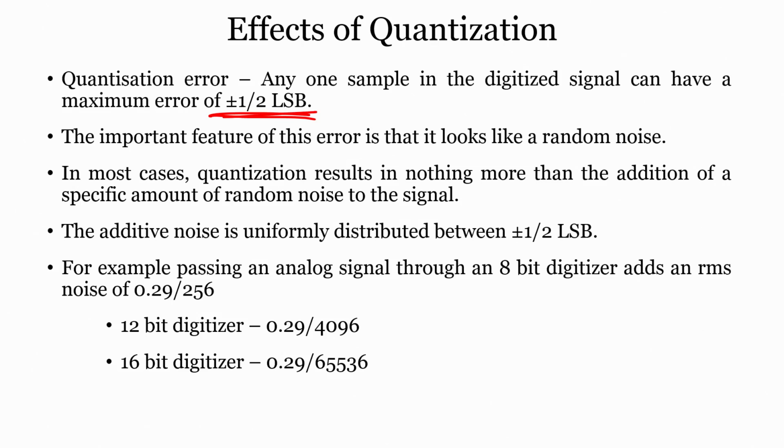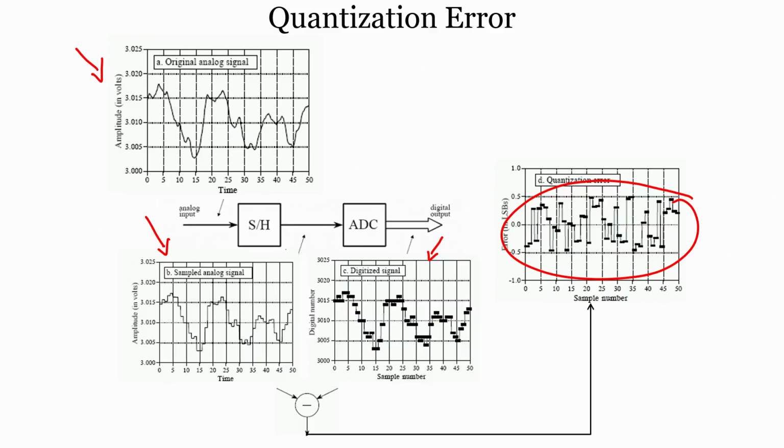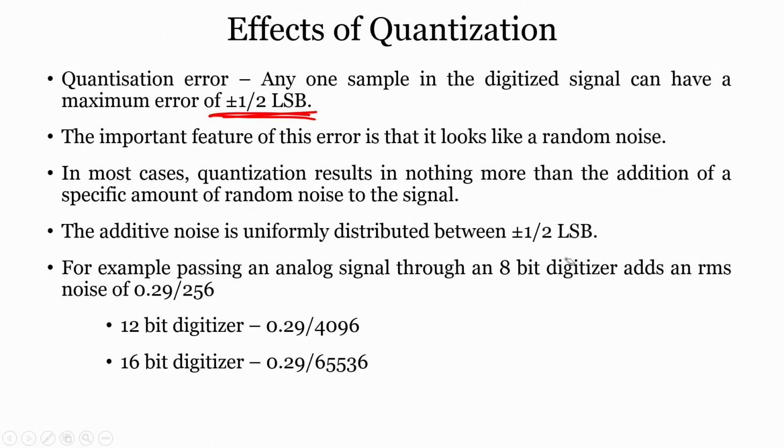The important feature of this error is that it looks like random noise. It does not look like some kind of signal, it really looks like a noise signal. The additive noise is uniformly distributed between plus minus half LSB.